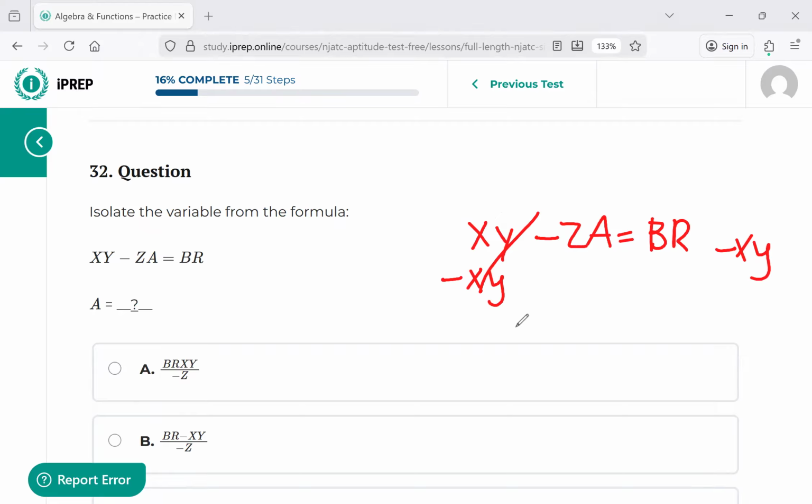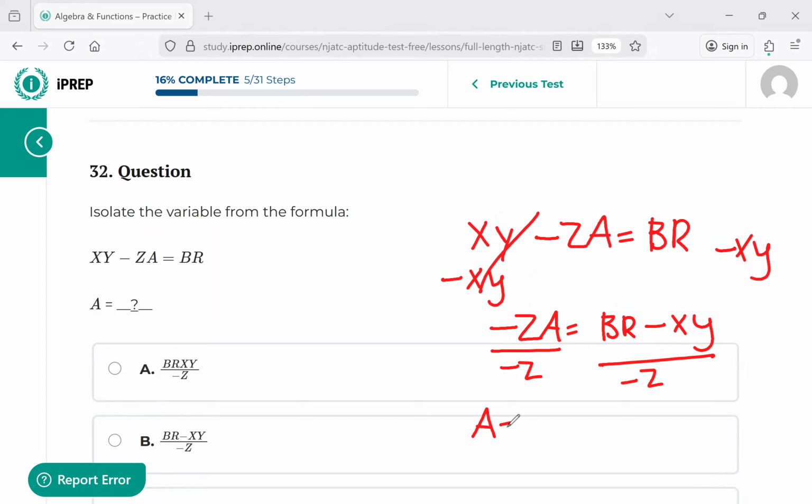And this is going to be negative za equals b minus x1. And then solve for a by dividing everything by z. When you get a, that's x1 over z.